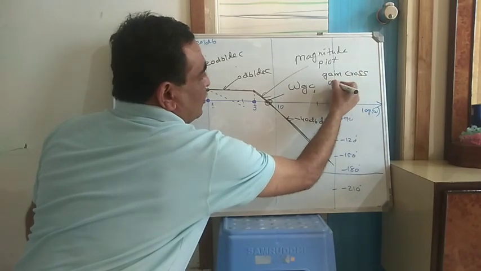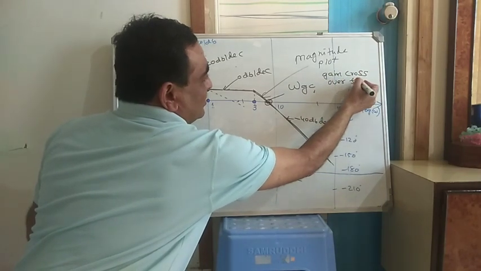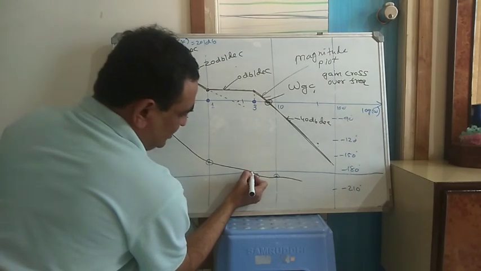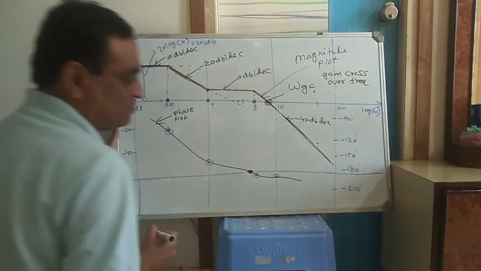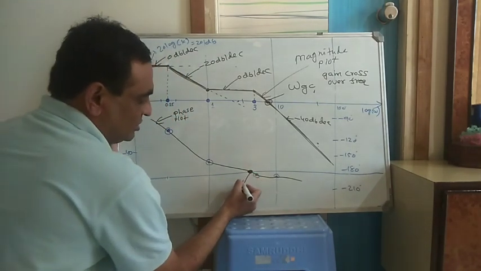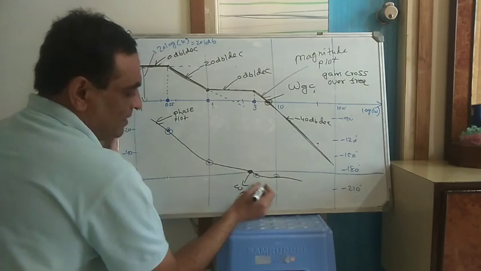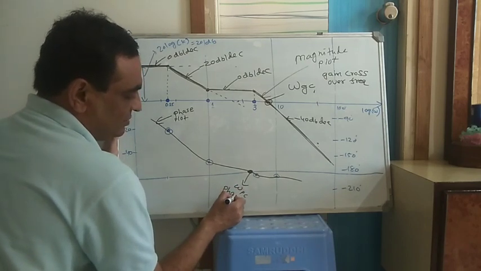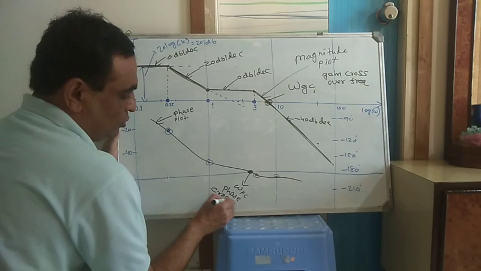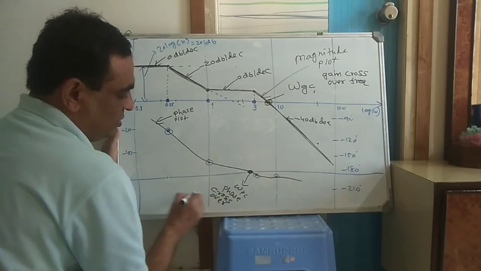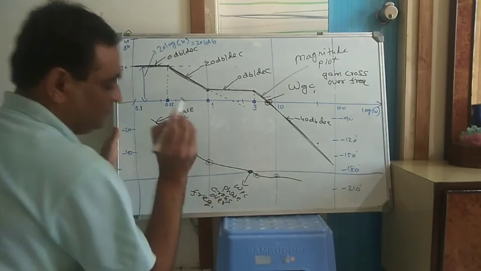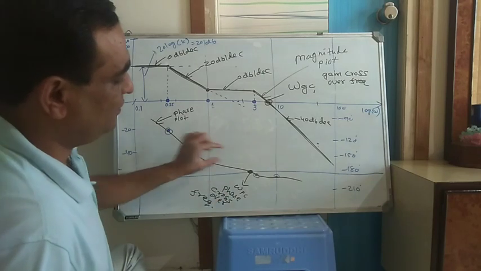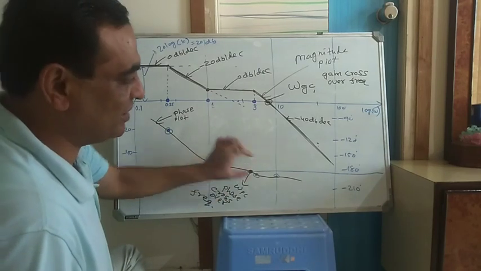And this is the frequency where the phase crosses the minus 180 degree line. So this is omega PC, that is phase crossover frequency, where the phase plot crosses the minus 180 degree line.